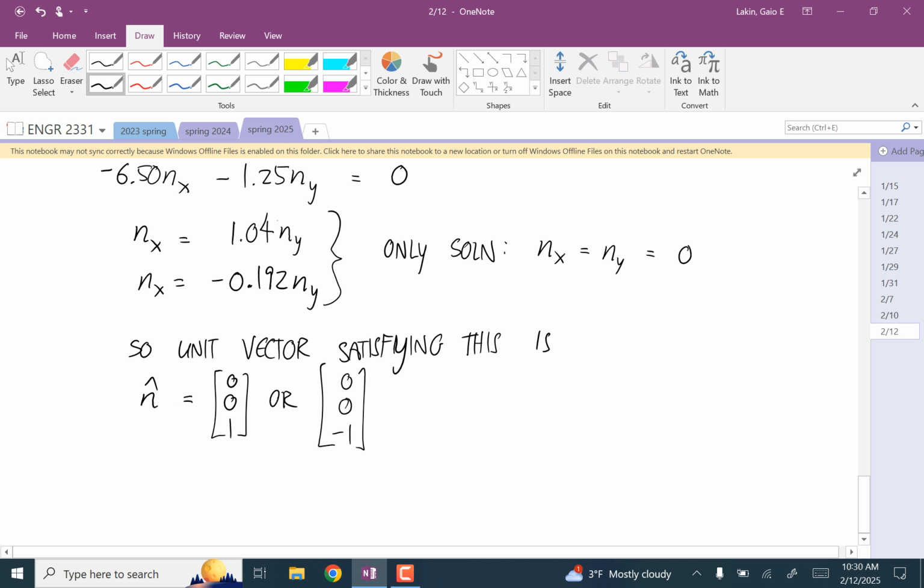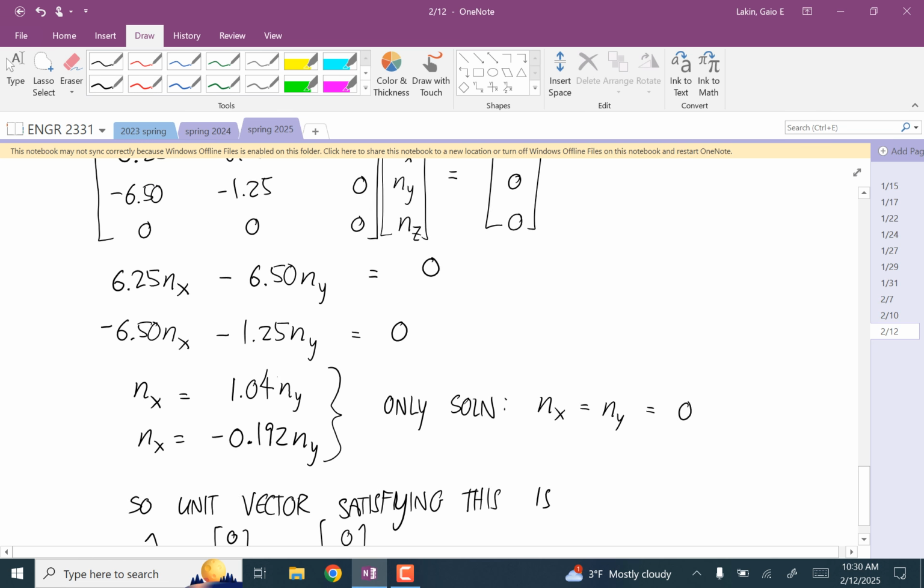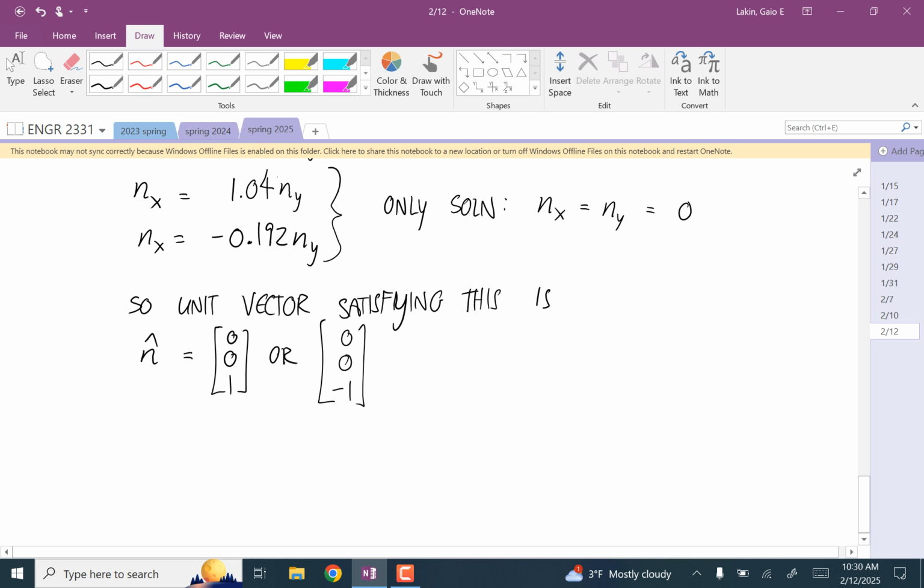So that is the coordinate axis corresponding to our root of 0: one of these two directions parallel to z. That's the eigenvector. And so now we'll go on to the next root.